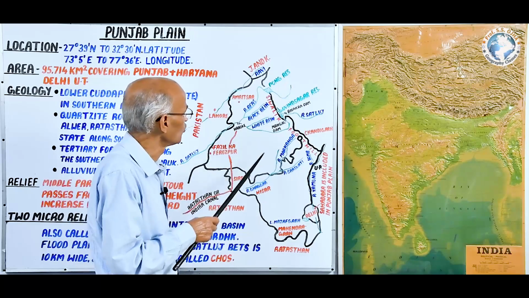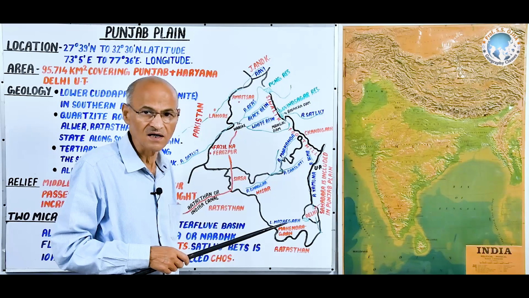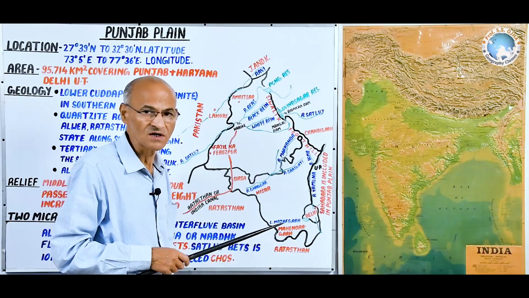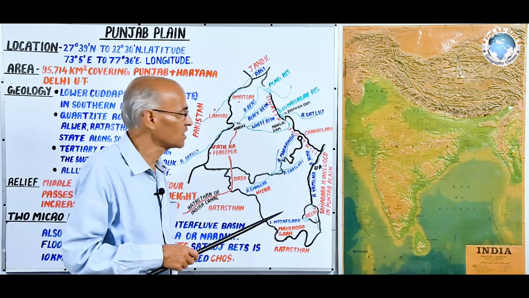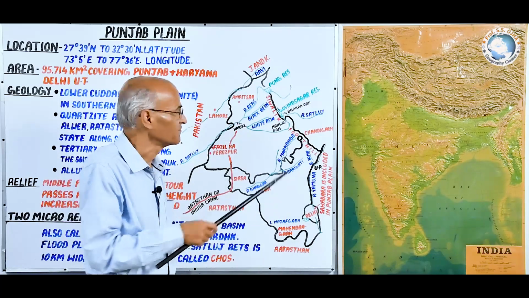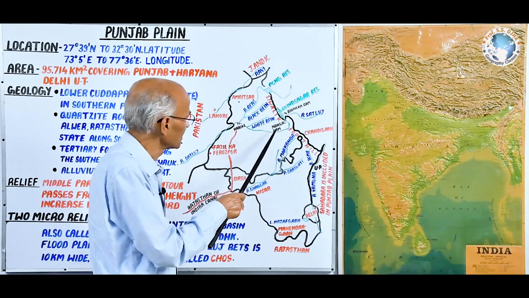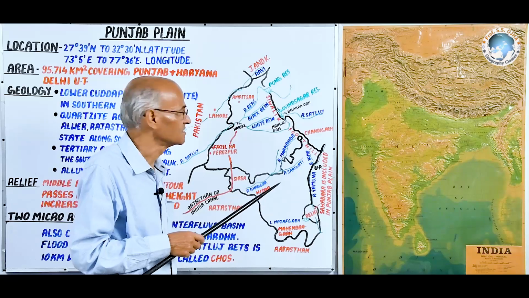And as we know, the northern boundary has been demarcated by the 350 meter contour line, and this contour line separates the Shivalik in the north and this Satluj or Punjab plain in the south.